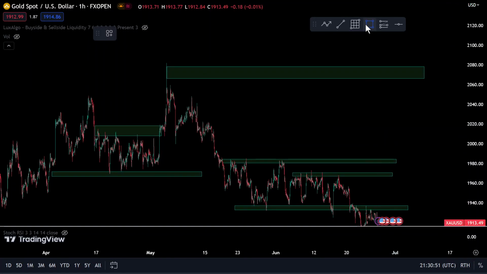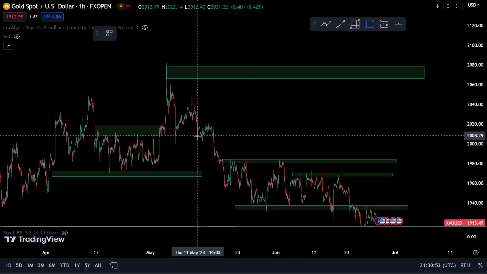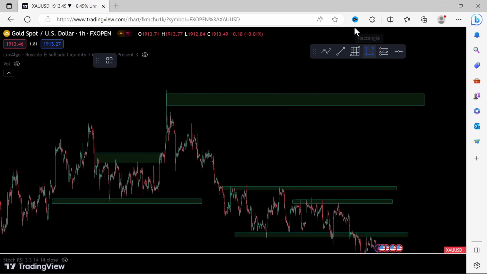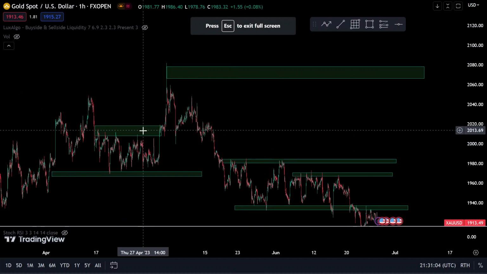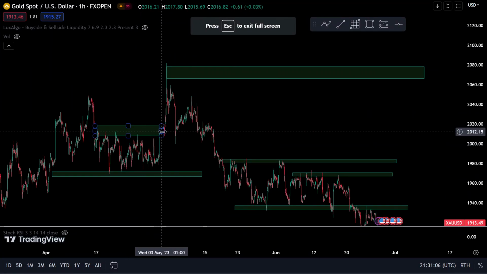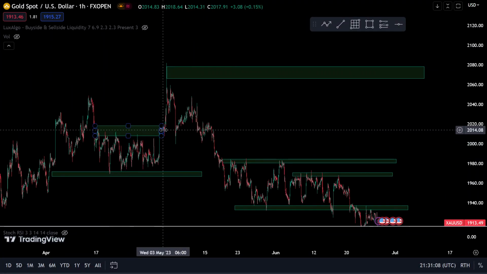So we can see from here, this could be an extension of this zone, which was a resistance zone.